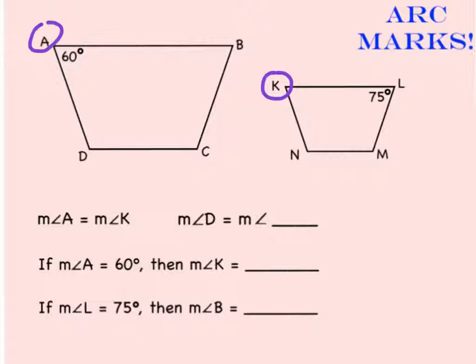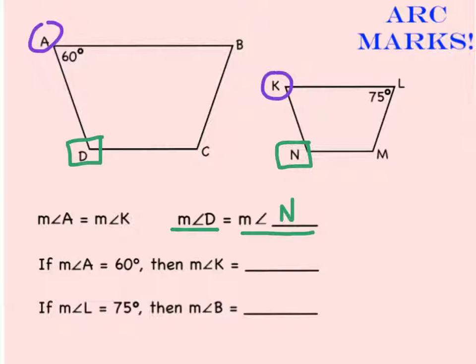They're also telling us that the measure of angle D is equal to the measure of which angle? So we're going to look at angle D and find its corresponding piece. And you guessed it, measure of angle D is equal to the measure of angle N, its corresponding piece.